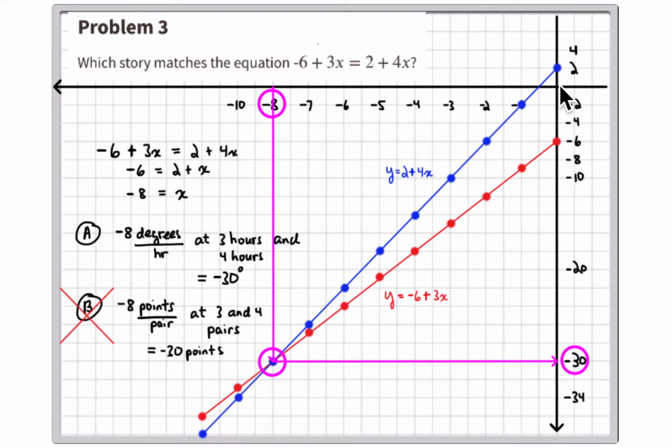Now you start looking at this graph, and I started to realize, well, this is just weird to graph the change in degrees per hour on the x-axis. So you graph the number of degrees versus the rate, the change in degrees per hour. And this line here is actually for 4 hours.